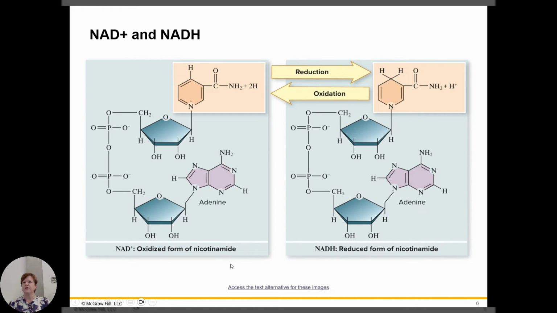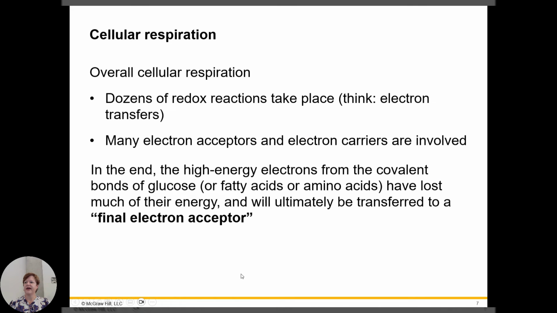But anyway, so when the NAD plus doesn't have its two electrons, it would have the structure shown on the left. When it does have the two electrons and a proton, it would have the structure on the right. But it's very minor difference, visually, and you don't have to memorize the structure of it. So I just wanted to show you that dinucleotide structure as a throwback of something you've learned before.